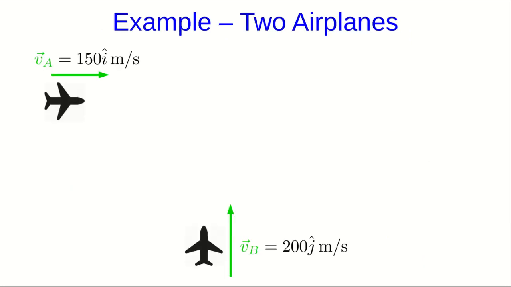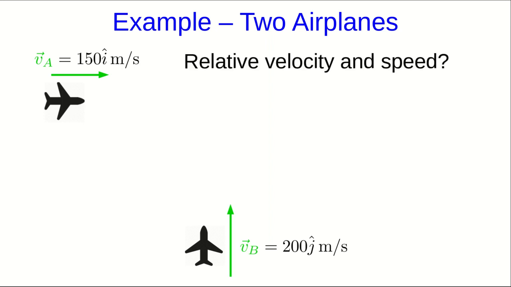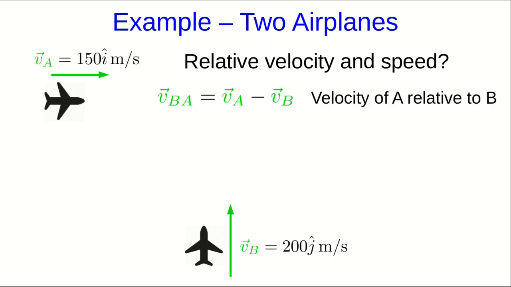Suppose we have two airplanes moving as shown, and we want to know the relative velocity and speed. I'll just say an air traffic controller would be quite interested in the relative velocity, because if the relative velocity vector points along the line connecting the planes, that tells them these planes are going to collide. So we're going to calculate it using the definition of relative velocity that we've just come up with.